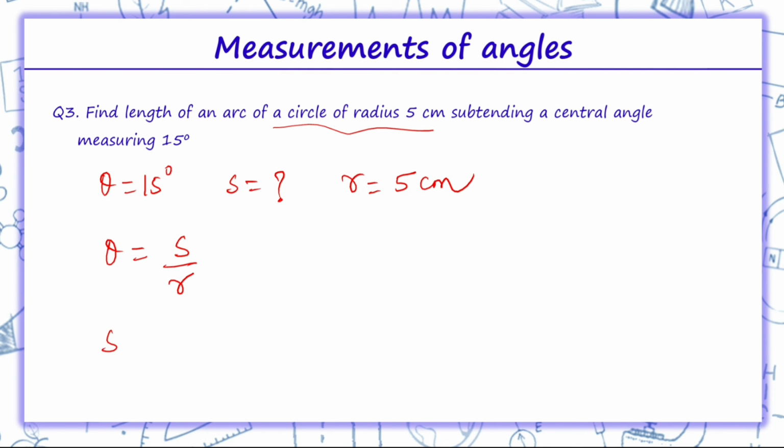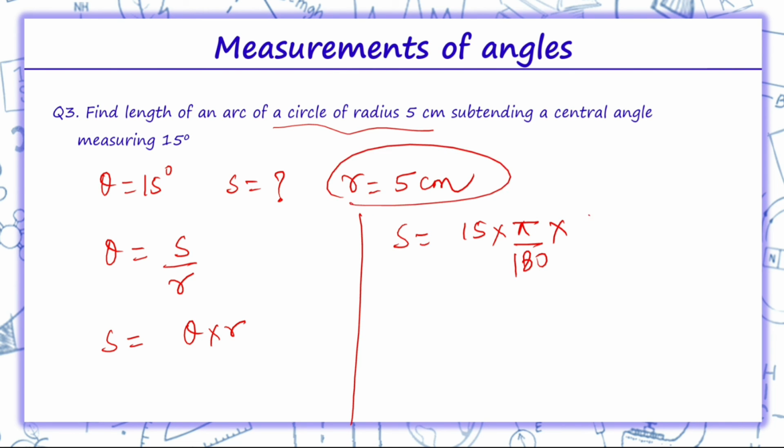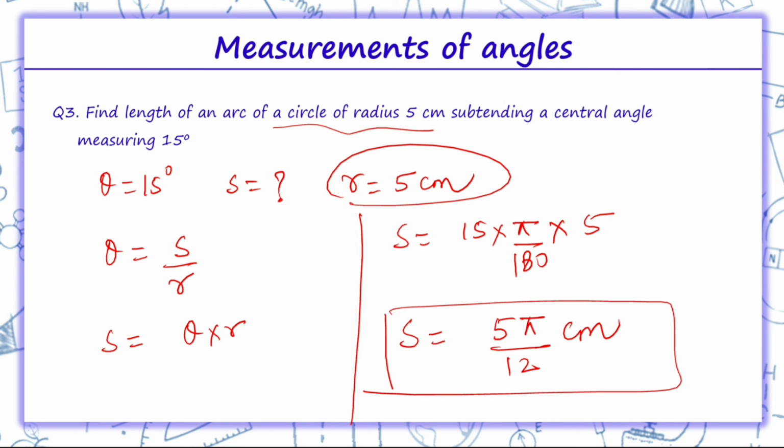S will be theta into R. So S is equal to 15 degree, which we convert into radians by multiplying by pi by 180, into R which is 5. Thus the value of S will be 5 pi upon 12 centimeter. So this is how we can calculate the length of an arc of a circle.